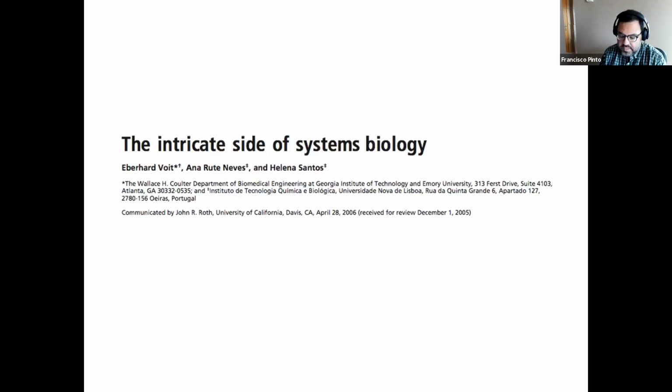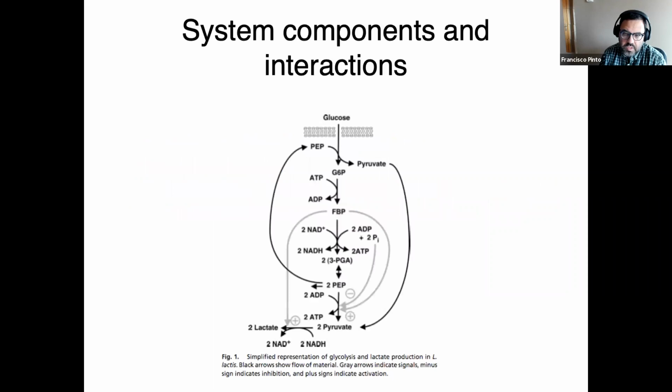So to give you an example, this is a paper that I find quite interesting. It studies a very well-known metabolic pathway, glycolysis, but in this case in a bacterium, Lactococcus lactis.